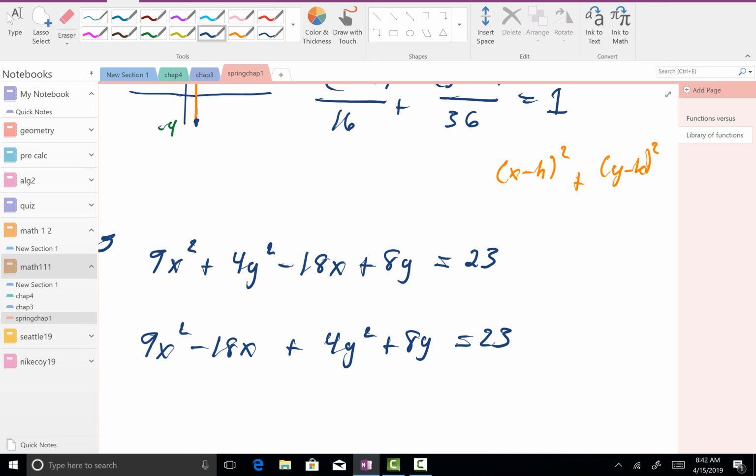I don't remember the word. Close. It was with quadratics. How about completing the square? Sound familiar? Yeah, so we're going to complete the square on it, right?